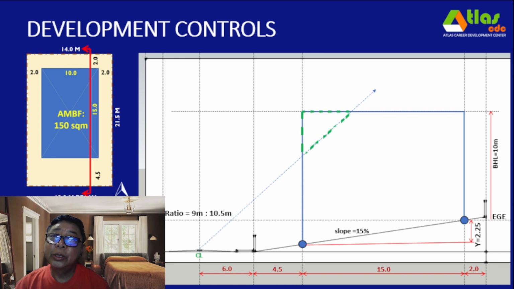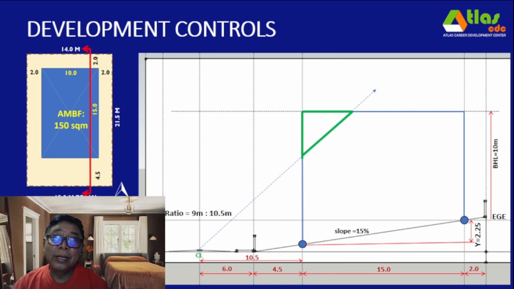So you will see that some portion of the building now will be cut off because it extends already beyond that angular plane. So let us compute how much is the area, or the triangular area, which will be deducted from the building volume.